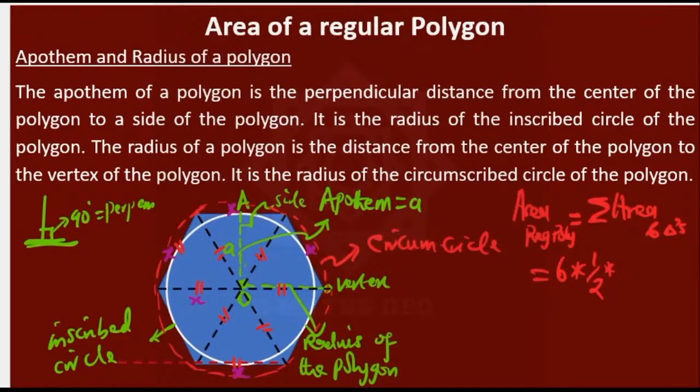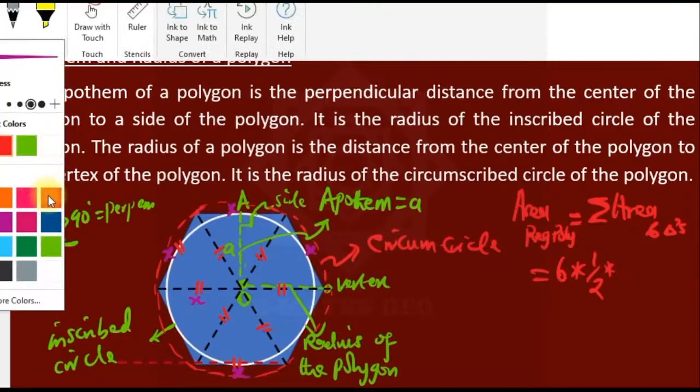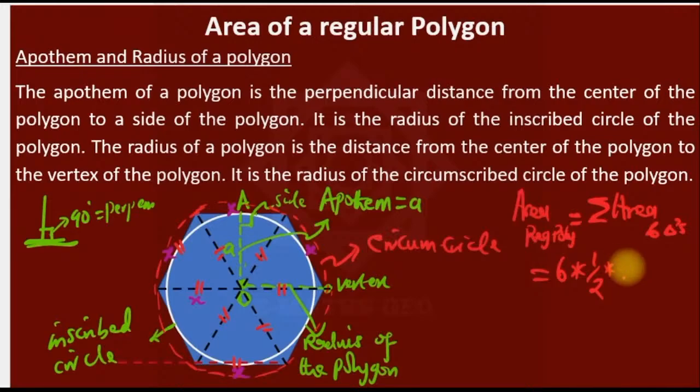So our area will now be half times the base x times the height a. And you know multiplication is commutative. I can arrange this as half times 6x times a. And what do you notice? 6x, how many sides are here? 6. So if I sum, it means the perimeter.